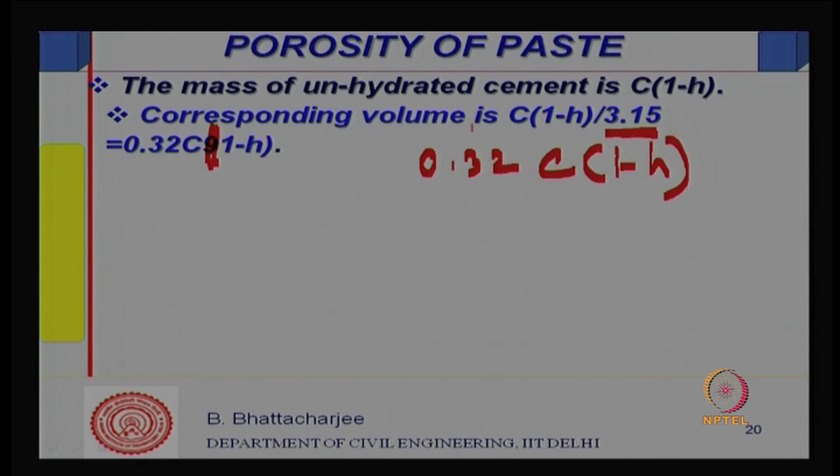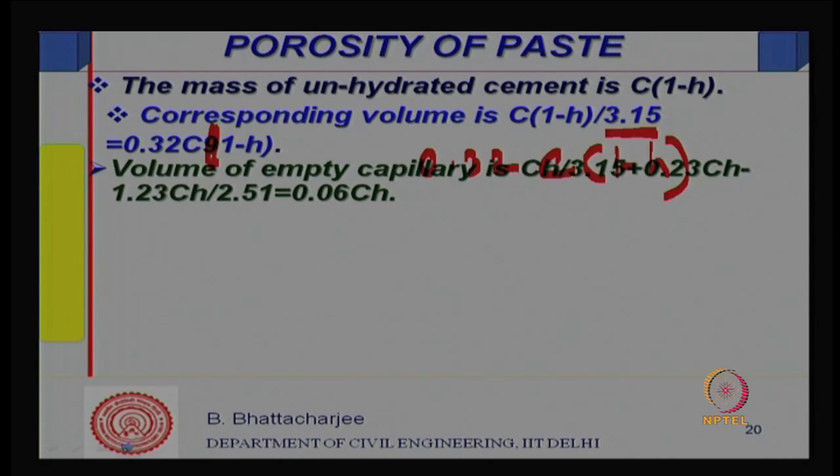That is the volume of unhydrated cement. The volume of empty capillaries will be 0.06 Ch, like we have done earlier.